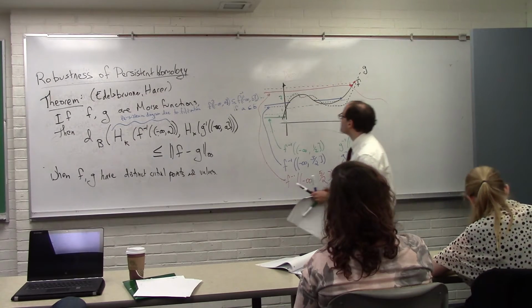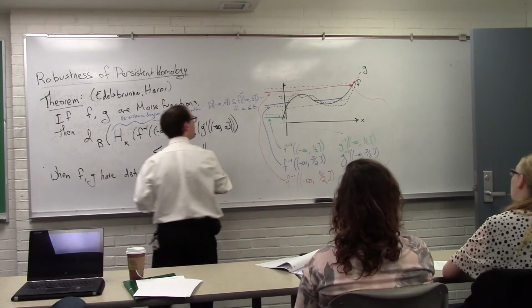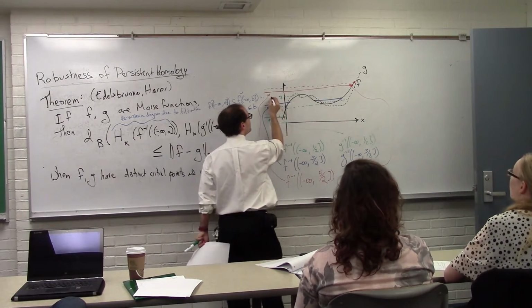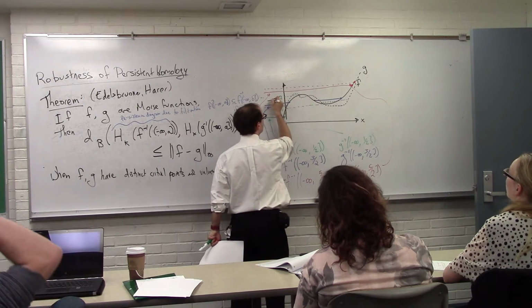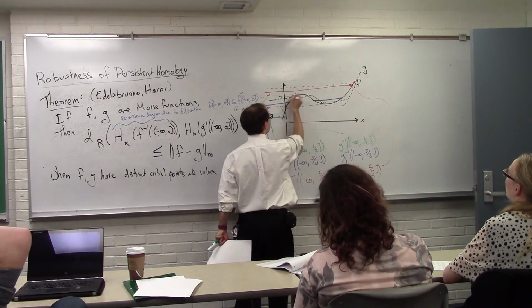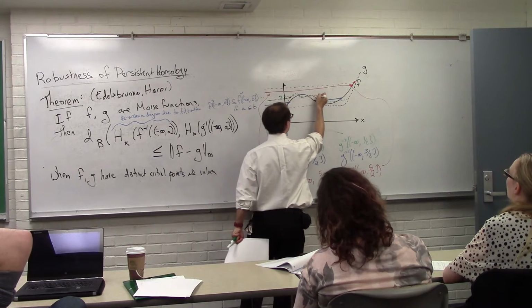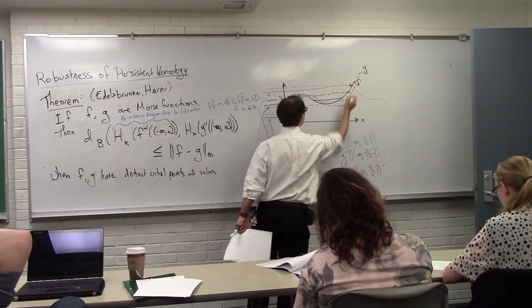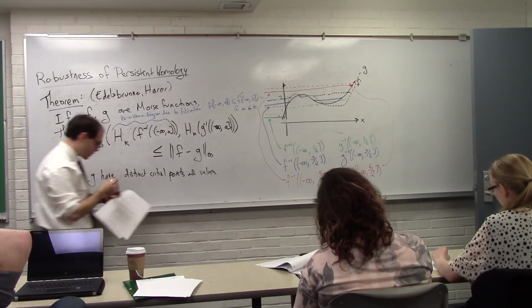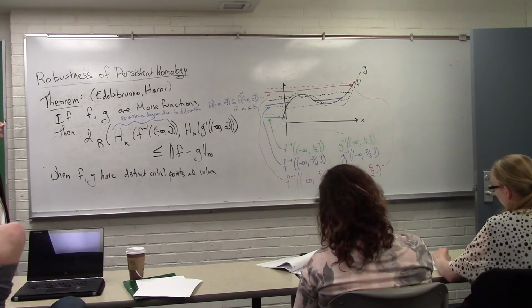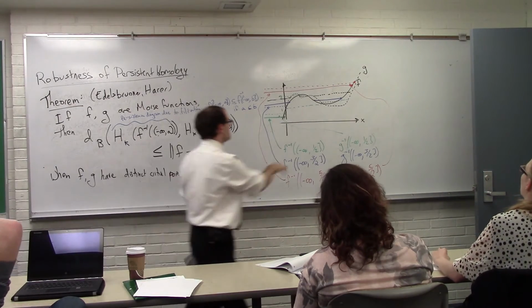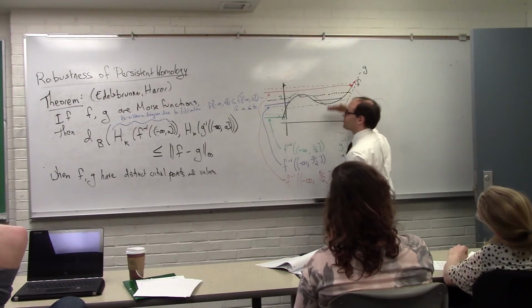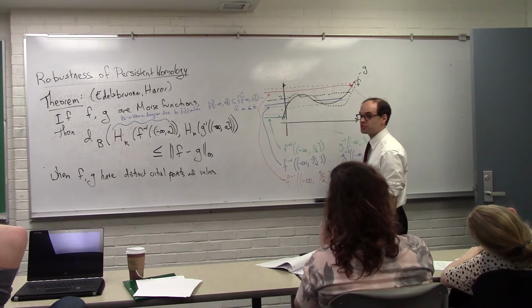But the only time that I've got anything different is right in here, where I have three connected components. Now what I want to do is transfer this diagram of the actual level sets themselves into a persistence diagram.